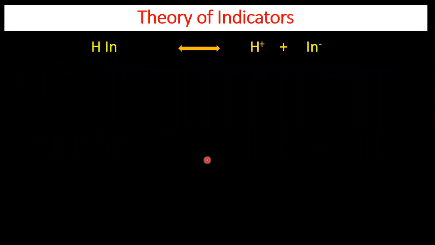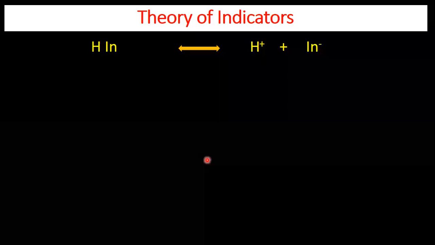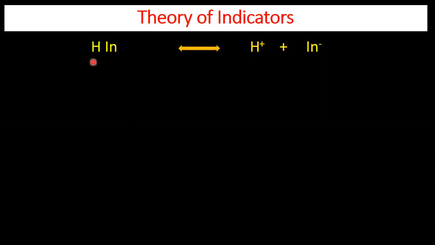Theory of indicators. As we have seen, indicators are substances of weak acids or weak bases which are used in titrations to show the end point. So this is the weak acid indicator. H represents the acidic form of the indicator, In means the indicator.